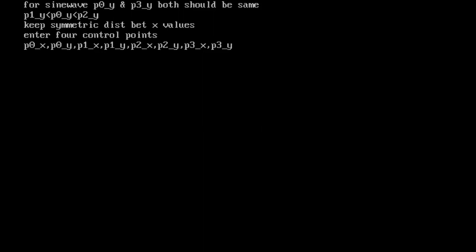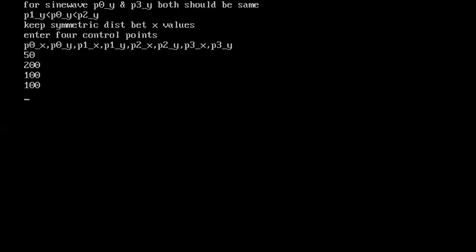So we'll use some points over here. Suppose 50, 200 is our first point. Then for the second we'll consider 100, with x having a distance of 50, and p1y is less than p0y.